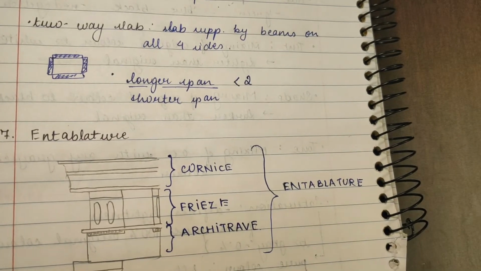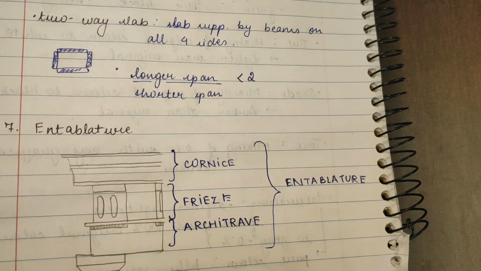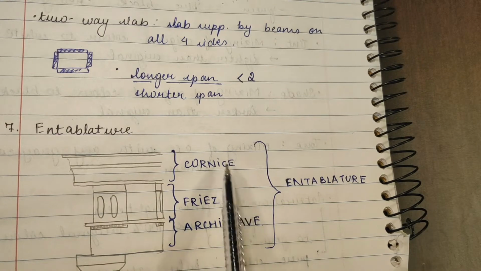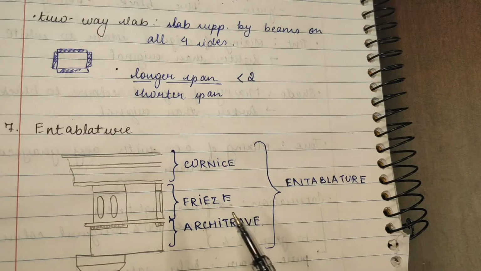I'll explain each part of the whole Greek column later also, but for entablature you have to know this, and you also have to know all the three elements, because questions have come asking what is the last part of the entablature, is it cornice, frieze or architrave, so you have to remember this in order also.